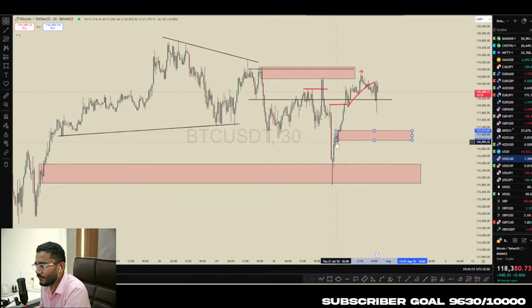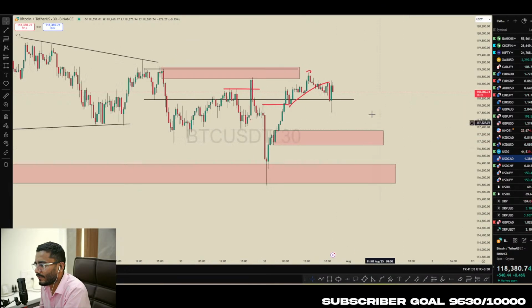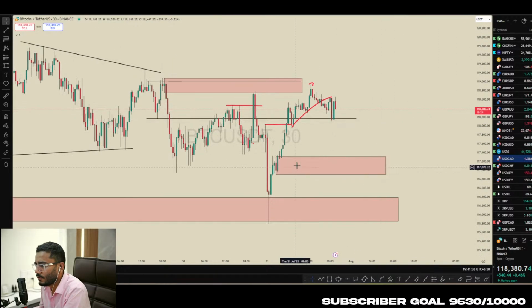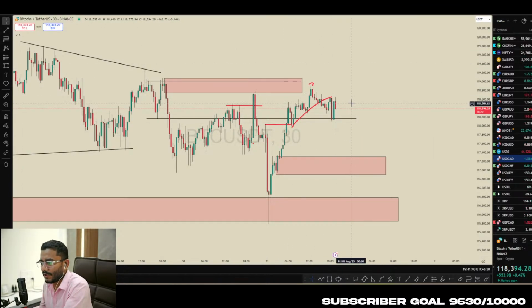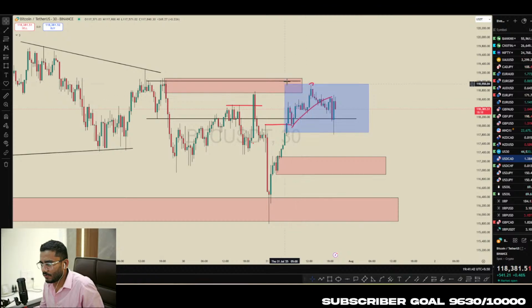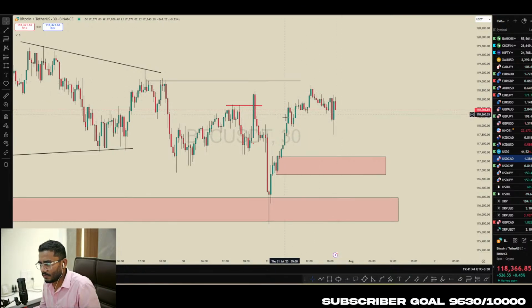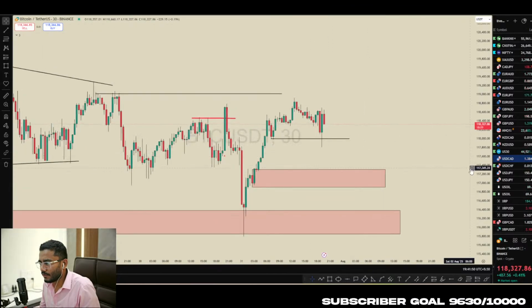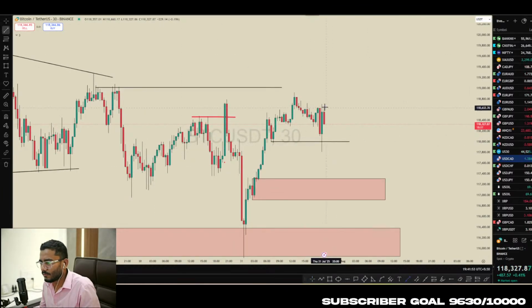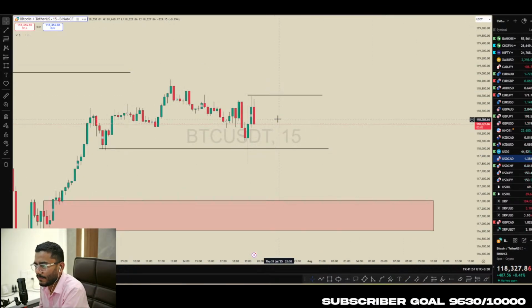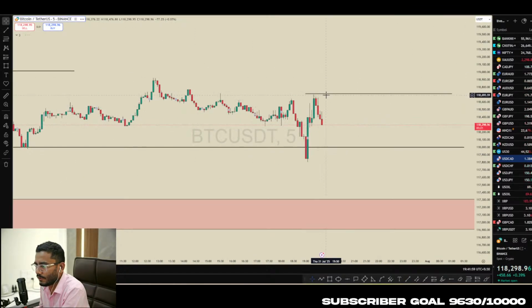But right now we are looking for a buy side setup. So this is the area where we look for a buy side setup. But what price is doing right now is it swept the liquidity from this low, and price wants to go to the upside, to the high side, creating a new higher high.